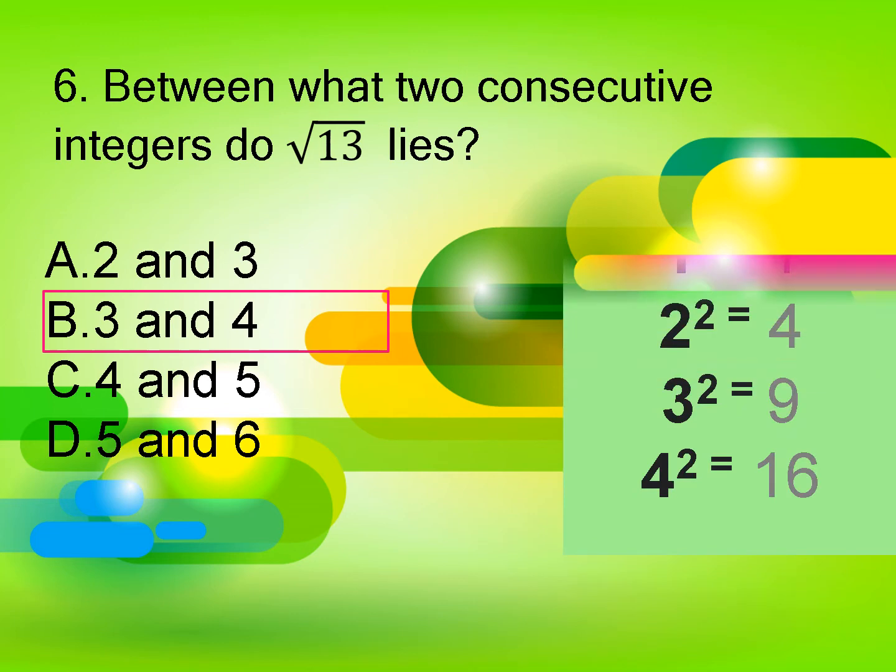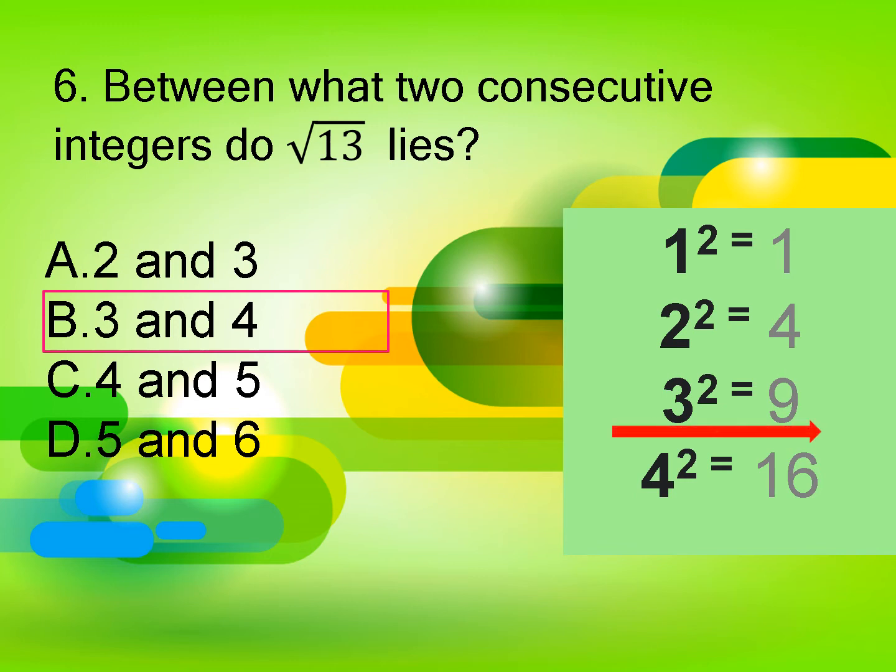Here is now the explanation. Here are the perfect squares from 1. 1 squared is equal to 1, 2 squared is equal to 4, 3 squared is equal to 9, 4 squared is equal to 16. Let us determine where 13 is. So it's between 9 and 16.